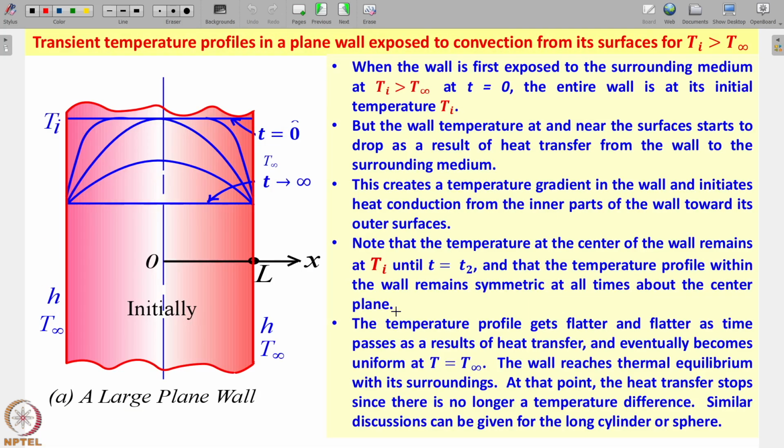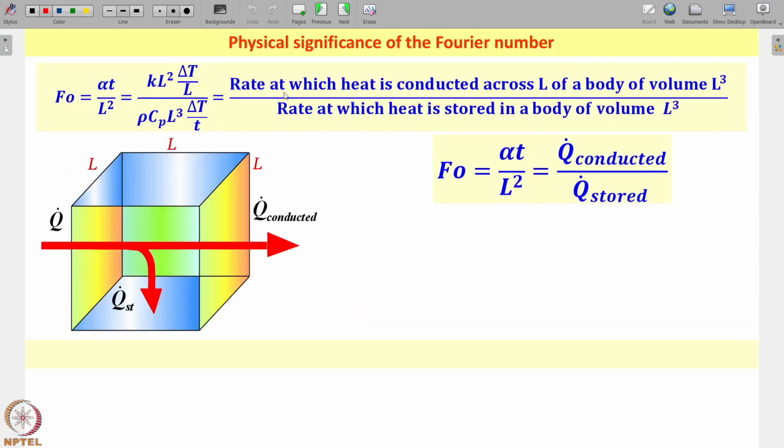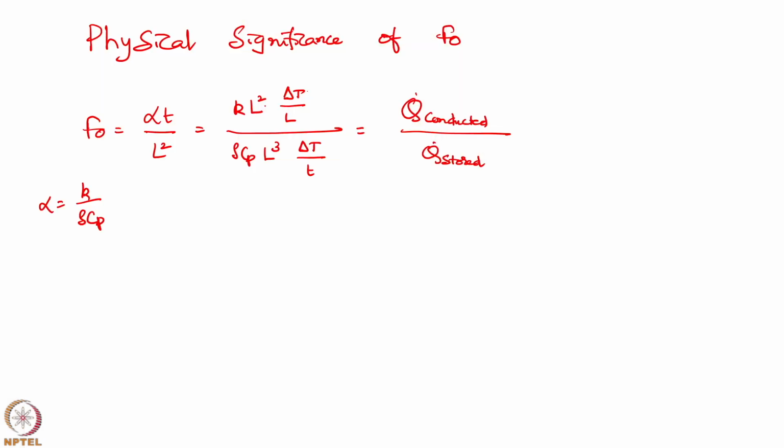Now the question is how to get this temperature distribution mathematically. Without proof, we are going to give you the solution of this temperature distribution for a plane wall. So what is that exact solution for a plane wall is our next question.